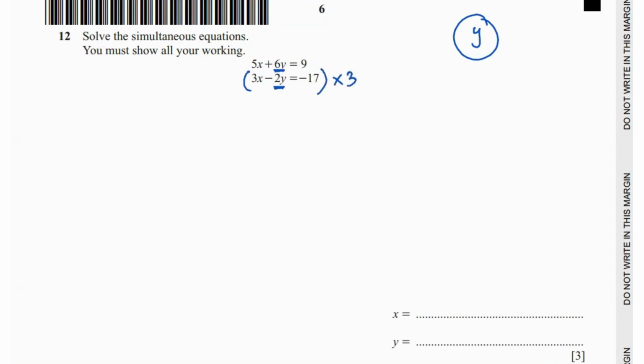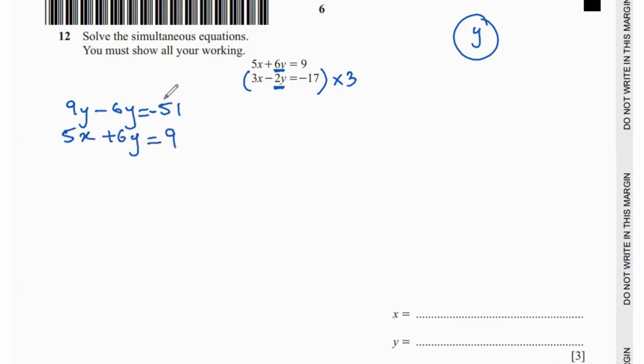The entire equation will get multiplied by 3, not just 2y. So that leaves us with 9x minus 6y equals negative 51. Now the first equation stays the same, which is 5x plus 6y equals 9.